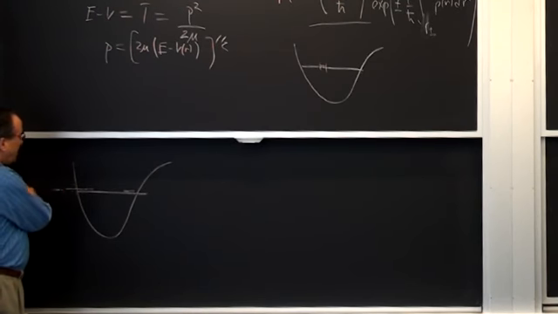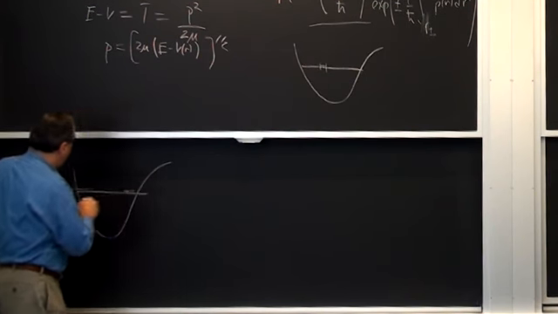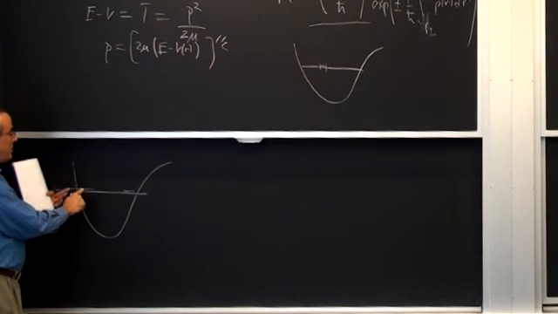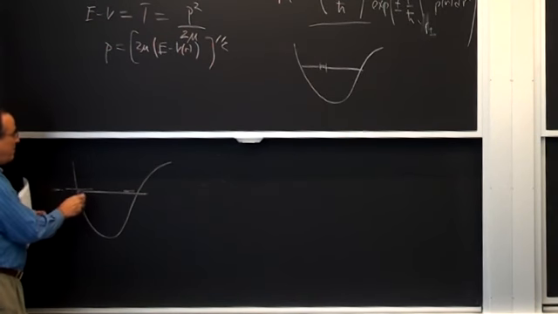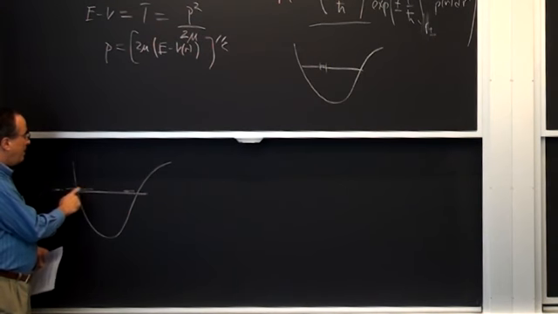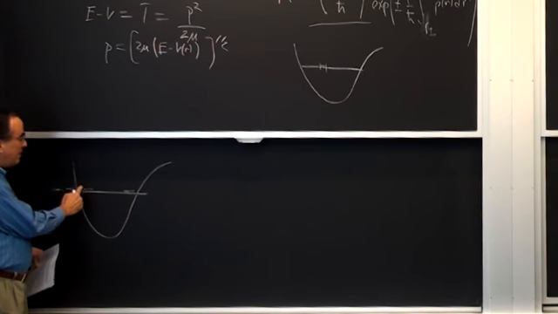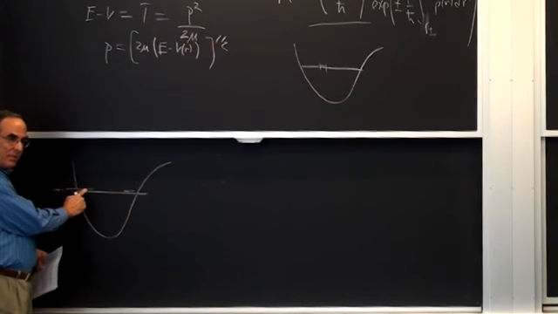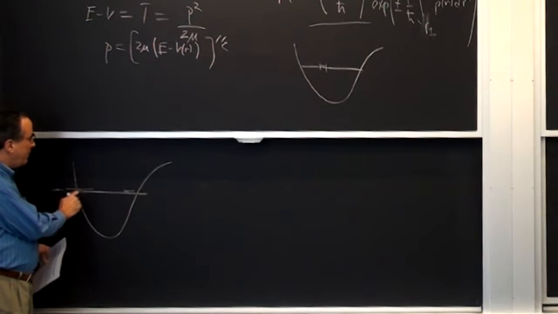The wave function having to go to 0 at positive and negative infinity imposes a definite phase. And what you end up discovering is that the wave function at a point where the WKB is valid on the inside of the potential is the WKB wave function you would have calculated from here, but it's not valid here, with a phase of pi over 4.